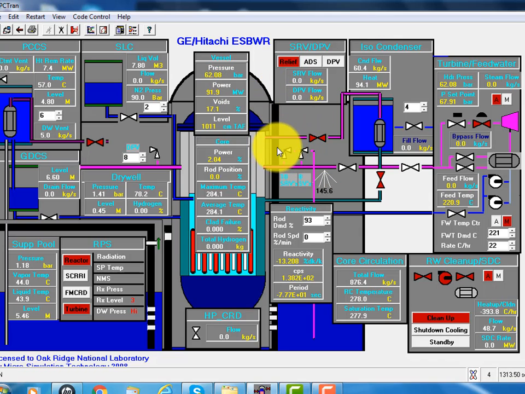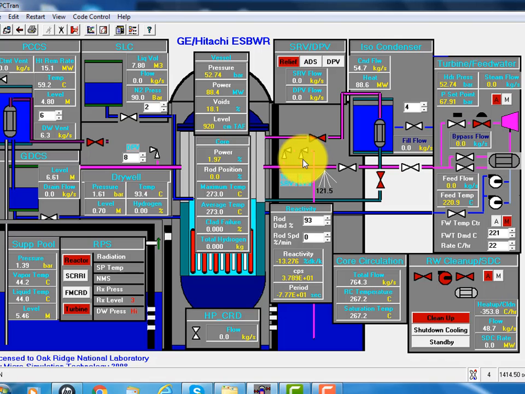So just removing the heat by the isolation condenser is not enough because we have coolant loss. So in this case, it's an aggregated accident, one after another. The ESBWR has a design of safety and relief valves.